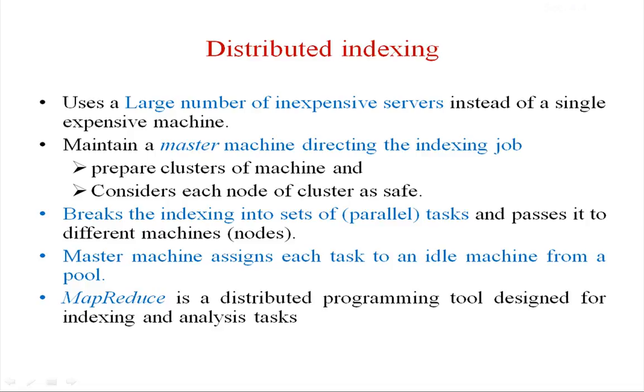Web search engines therefore generally use distributed indexing algorithms for index construction. The result of the construction process is a distributed index that is partitioned across several machines, either according to term or according to document. In this section, we describe distributed indexing for a term partitioned index. Most large search engines prefer a document partitioned index.